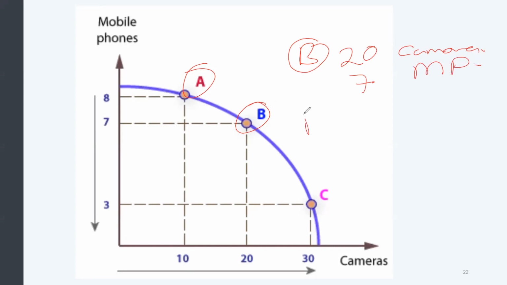And then you go to point A, that's the choice that you have made. At point A, you have 10 cameras and 8 mobile phones. So how many mobile phones did you gain? If I may ask the group, how many mobile phones did you gain?